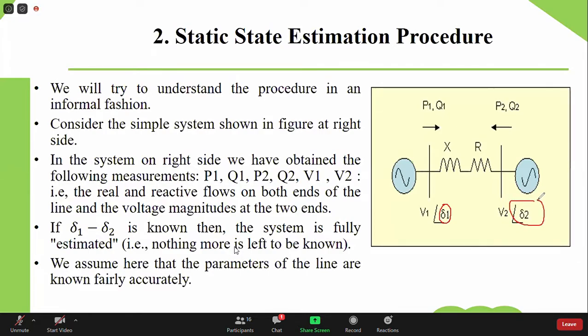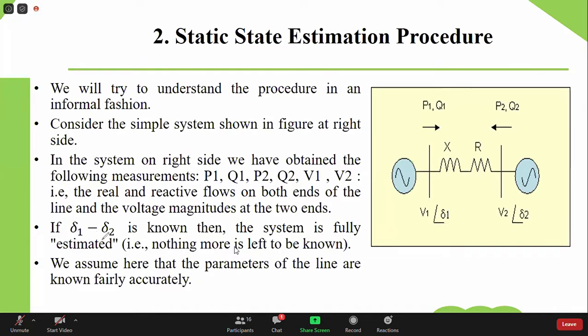If these are known, then we can say in which state the power system is operating.